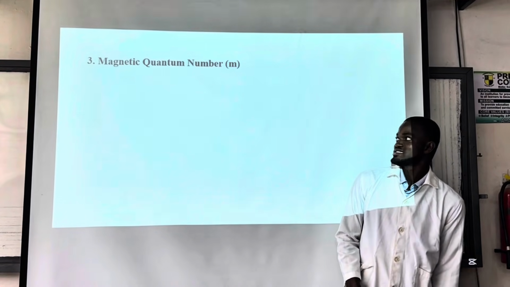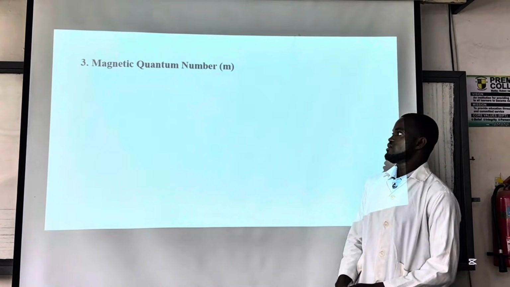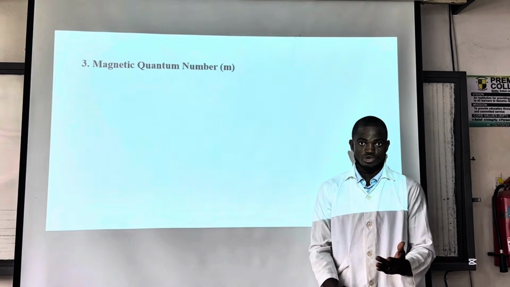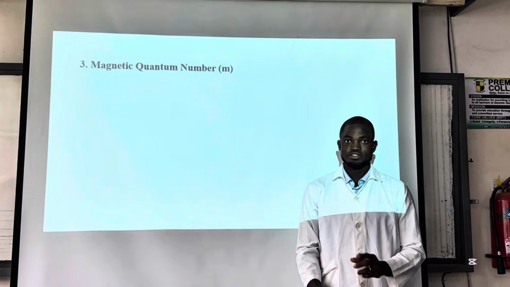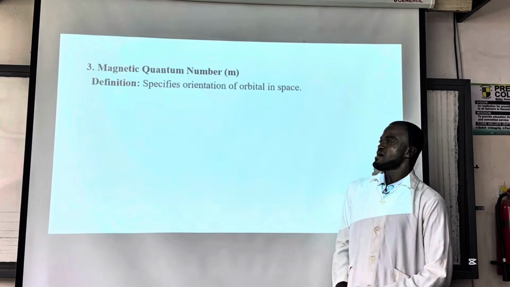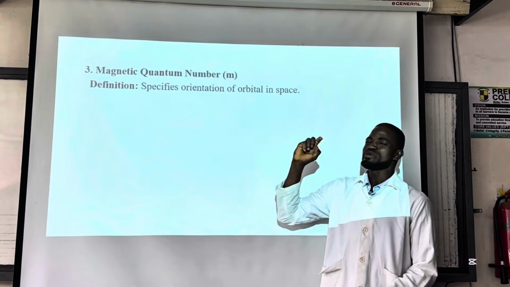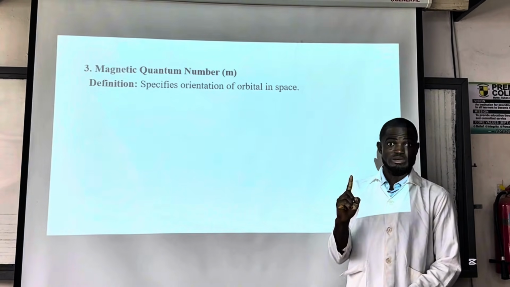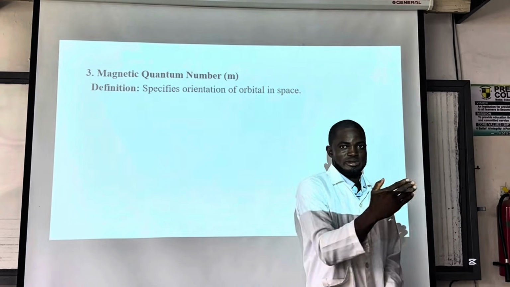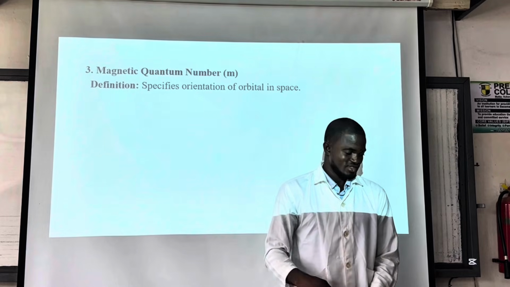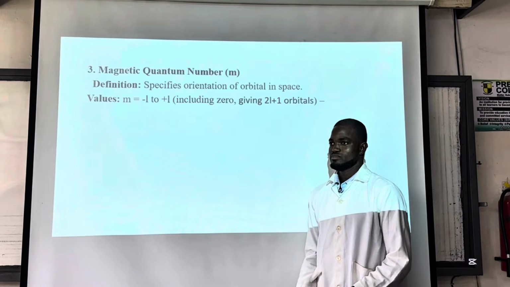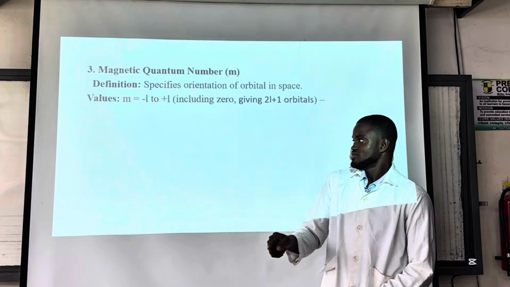Let's move on to the third type of quantum number called the magnetic quantum number with symbol m. Some books say ml, but we are using m here. What does it do? The magnetic quantum number specifies the orientation of the orbital in space. Orientation talks about the direction in which the orbital is facing in space. The values of m: remember, m depends on l.